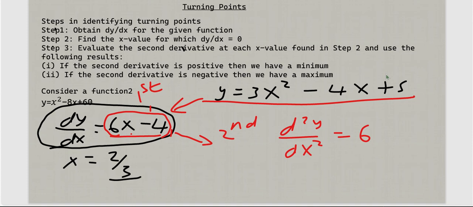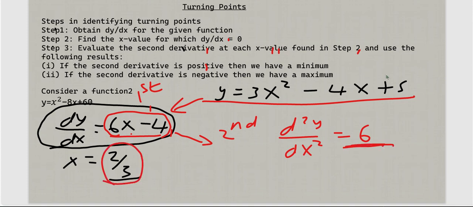Remember we are in step 3, where we evaluate the second derivative at each x value found in step 2. The value of x from step 2 is 2 over 3. Remember you have calculated the second derivative to be 6.